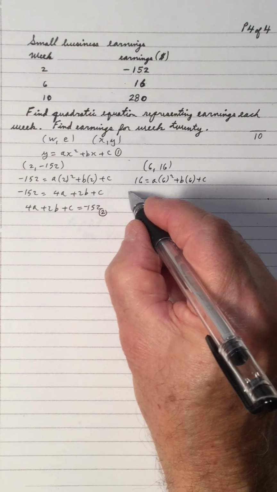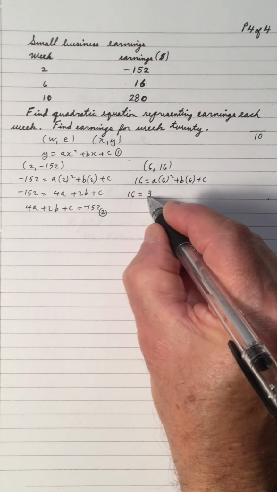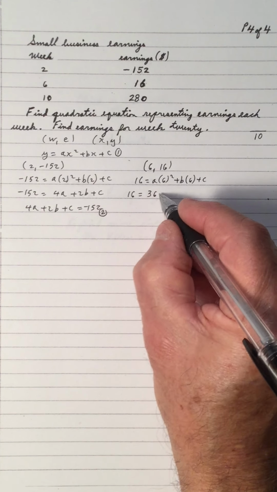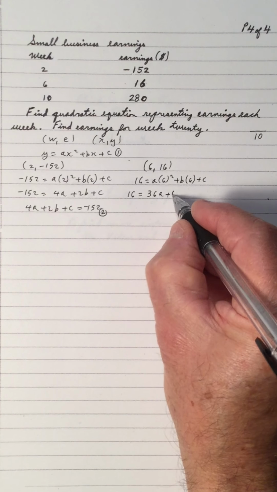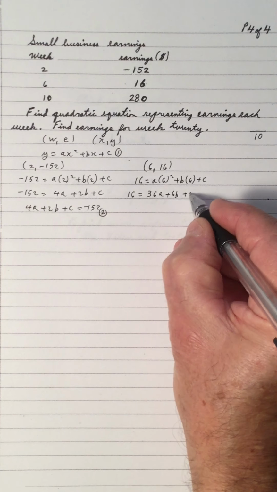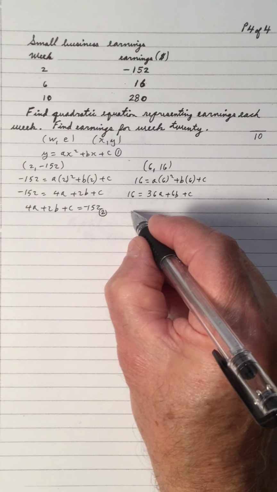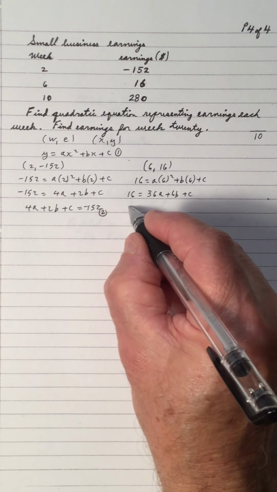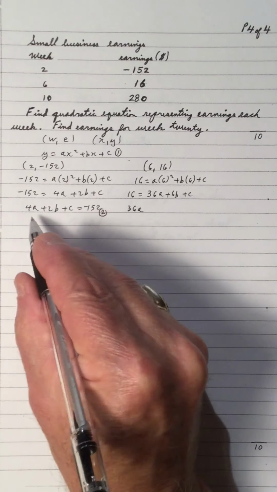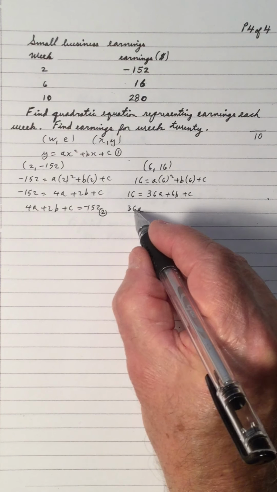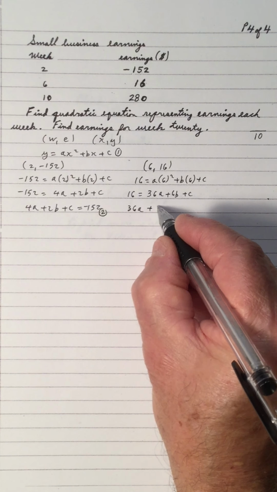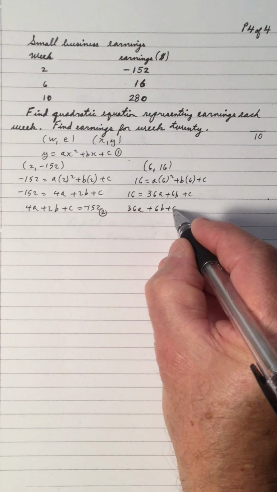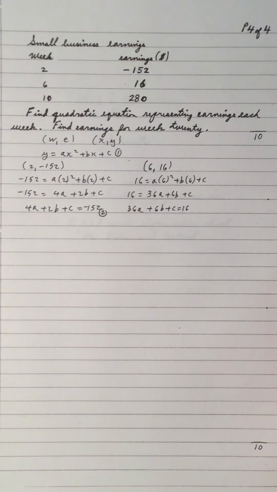And so the earnings, 16 equals 36, 6 squared is 36, 36a plus 6b plus c. If we change it all the way around, keep it in the same order, this is a, b, c. So let's make this one a, b, c. And I flip the whole equation around and everything is good.